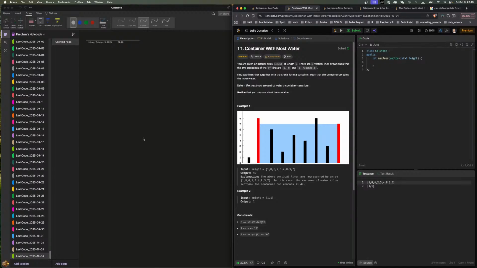So monotonic increasing, we look to the left, I will pop until I find something smaller than me, because these are all bigger than me.